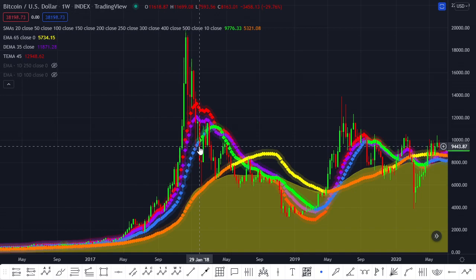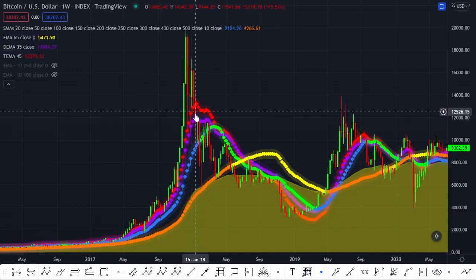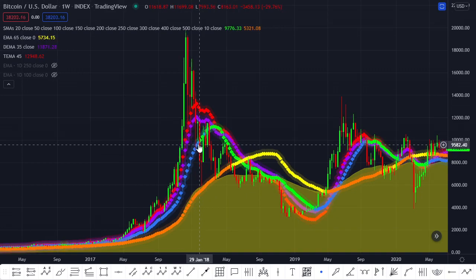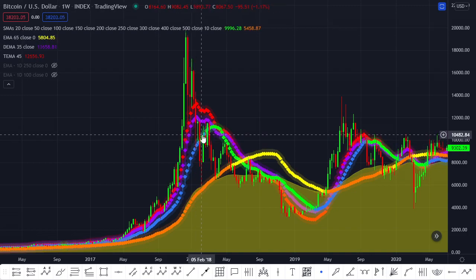The bull run started to get iffy once we broke below. As you can see here, we had a weekly close below the blue line, and then suddenly your blue line switches to green. So these are the signs of a bear market approaching or a huge downtrend on the weekly time frame.